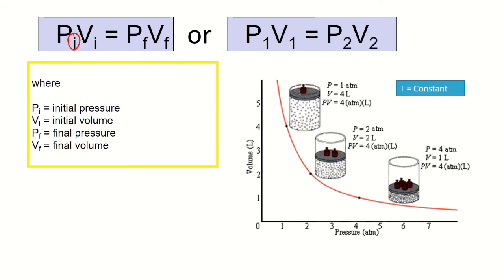So in place of initial we use 1, and for the final we use 2. Here let's understand how we take the initial and the final values.